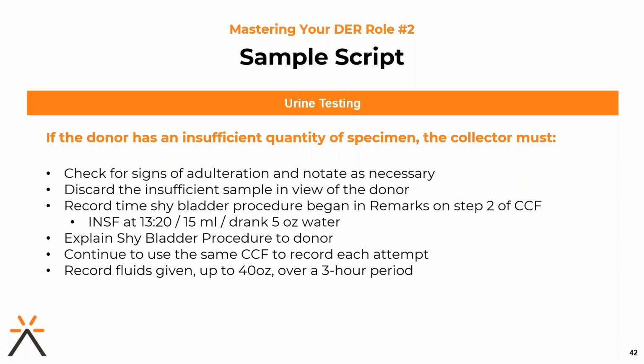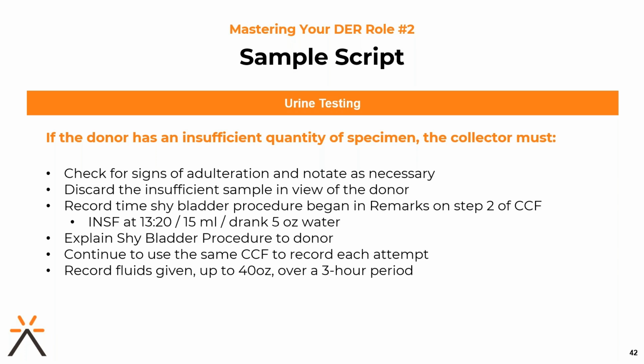With insufficiency, and this is another big area that I find issues with, people are not going through the insufficient quantity of a specimen correctly. Okay, here's how we find this. If we're getting paperwork in and we're doing the audit, and maybe the breath test was done at 1500, and then we see the urine test was done at 1701, we ask, well, why was there such a gap here?